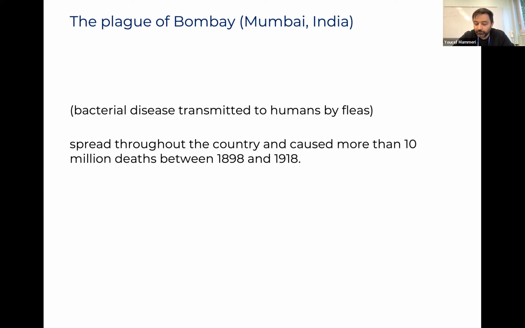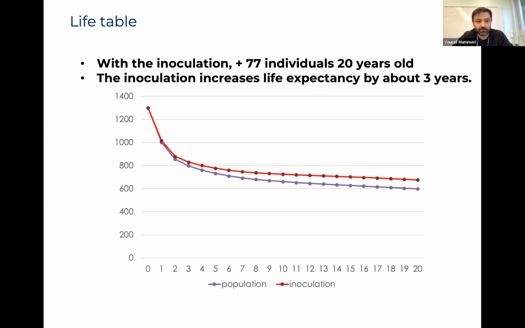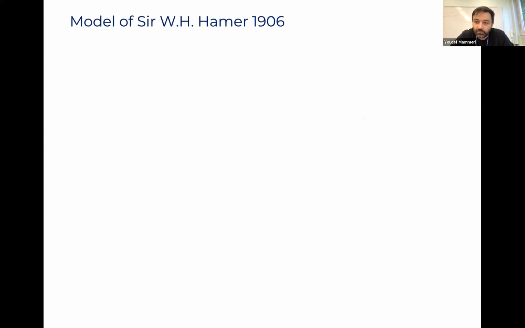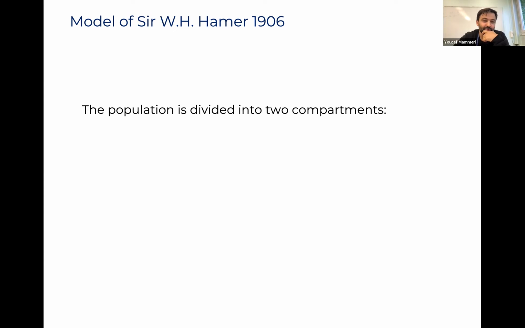So most of the scientists who worked on that were British scientists. One of the first who tried to do some mathematical modeling is Sir Hamer. He said, okay, we have a population, and I will split my population simply in two parts. One part is individuals who are susceptible.